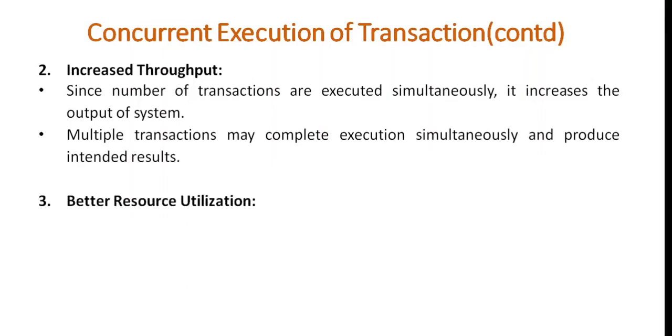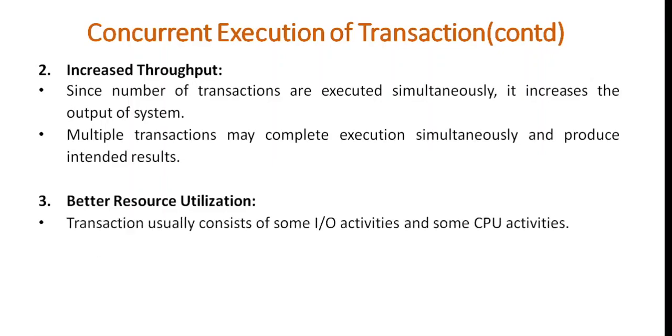Then the next advantage of concurrent execution is better resource utilization. In a computing system, the resources are hardware resources, software resources, disk, and CPUs. With concurrent transaction execution, we can have better utilization of these resources.